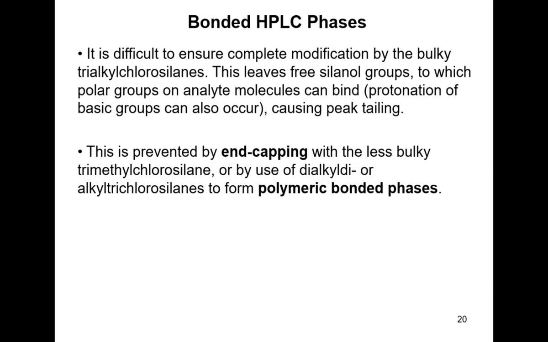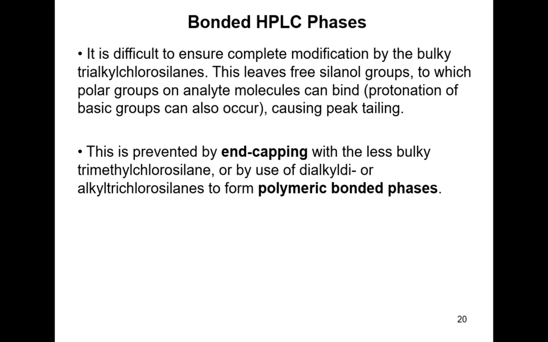And a certain proportion of your sample molecules may be able to do this, and that will dramatically slow down their elution through the column. And that's going to be an example of the peak tailing that I talked about previously, whereas some of the molecules end up much more strongly retained than the majority of the same type of molecule.